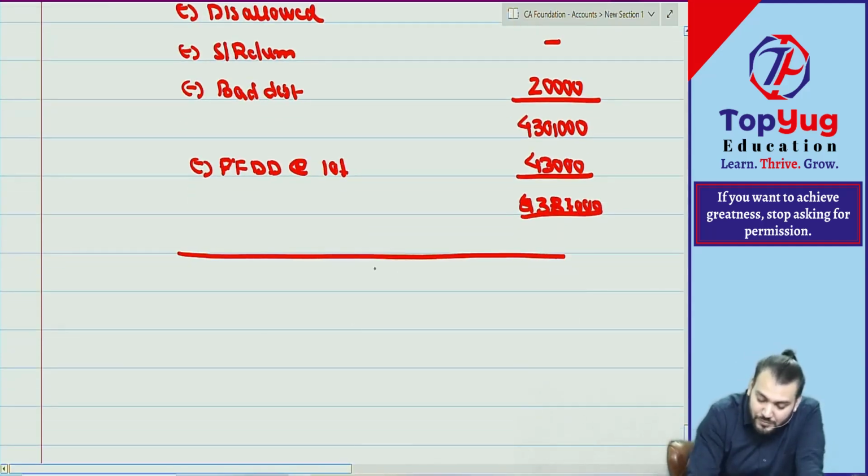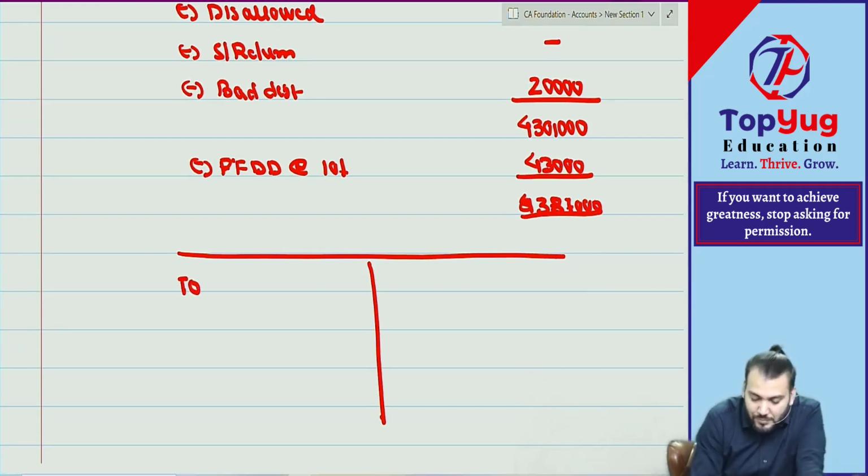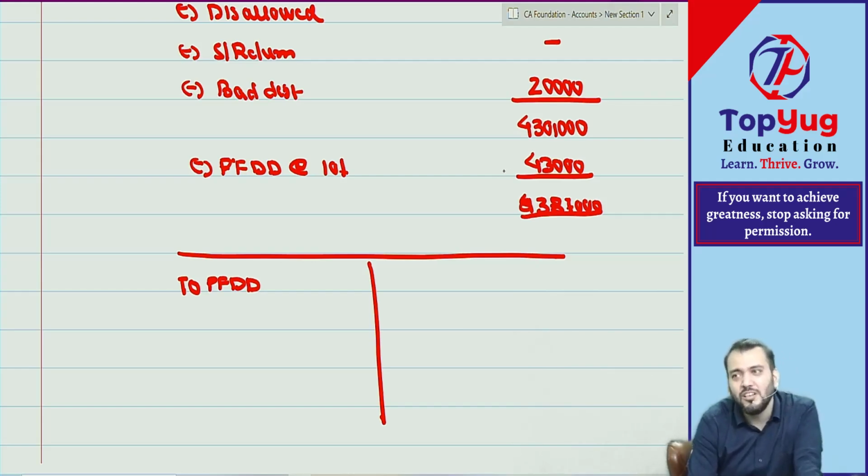Tell me. Provision for how much? 38. 43. How many are saying 43? It means you still have not understood. Why 43?